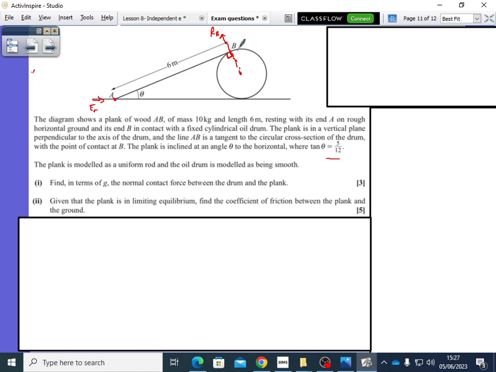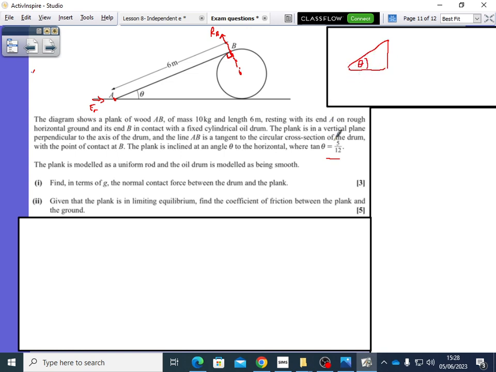So let's begin this question. Find in terms of g the contact force between the drum and plank. Okay, so we need to find that. So before that, we need to find the angle in this term. So basically, if that is tan theta, let's just draw tan theta here. So that was theta.